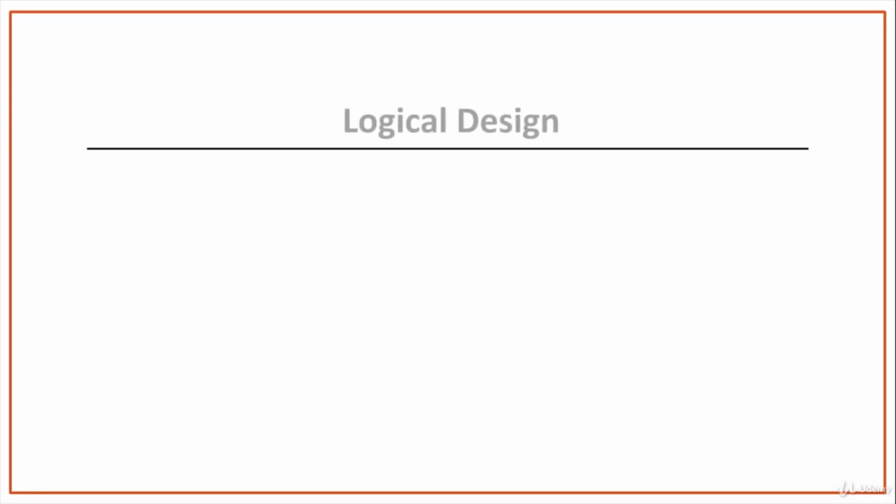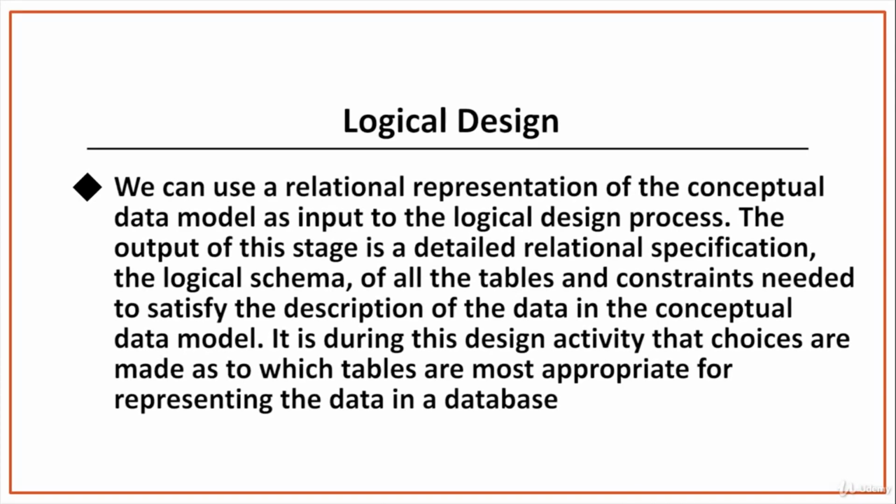We can use a relational representation of the conceptual data model as input to the logical design process. The output of this stage is a detailed relational specification, the logical schema, of all the tables and constraints needed to satisfy the description of the data in the conceptual data model.